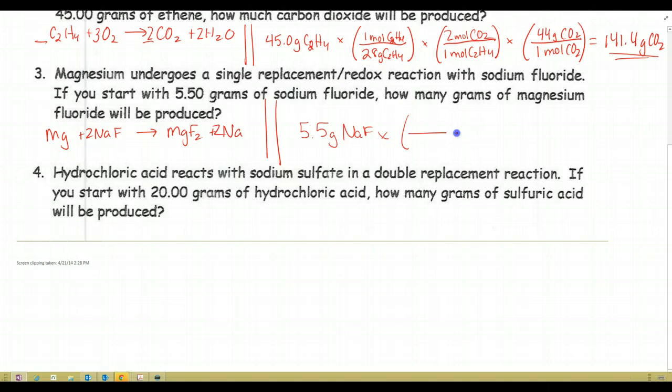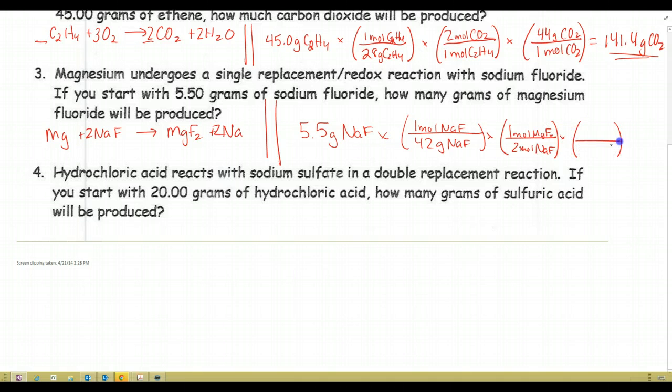Same three conversion factors. 1 mole of NaF is equal to 19 plus 23, 42 grams NaF. Second conversion factor is going to be the mole to mole ratio. So I know that I have 2 moles NaF to 1 mole magnesium fluoride.